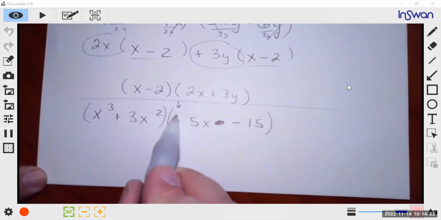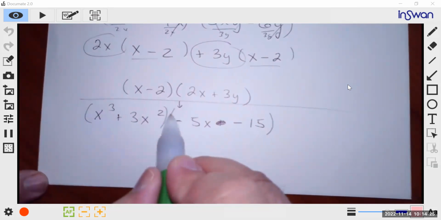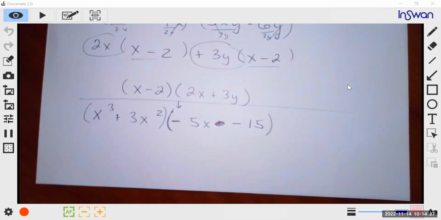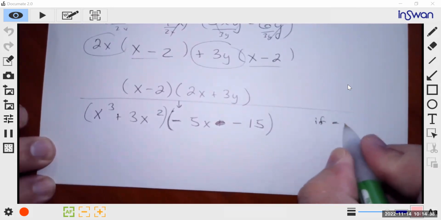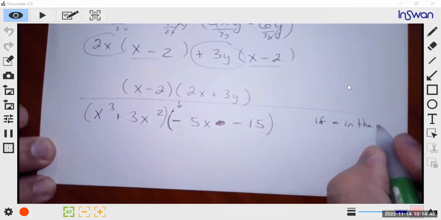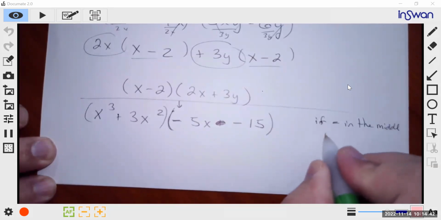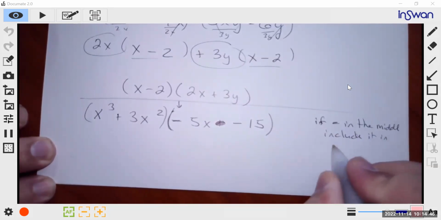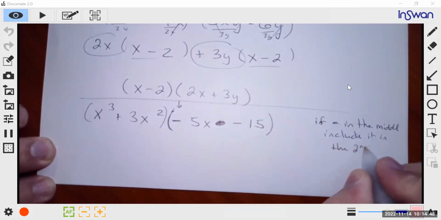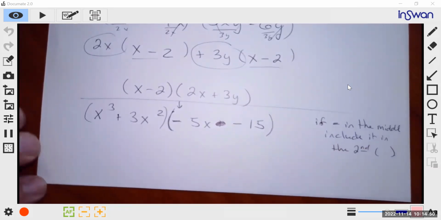If you have a negative in the middle, a minus sign in the middle, include that in your second parentheses.